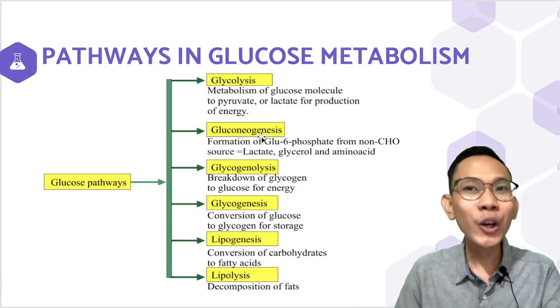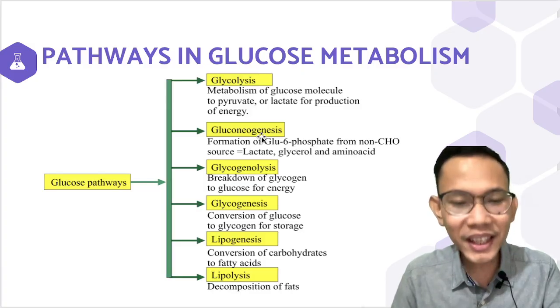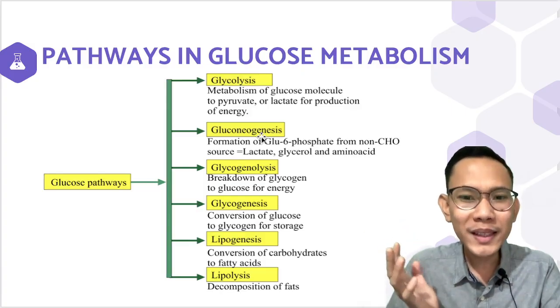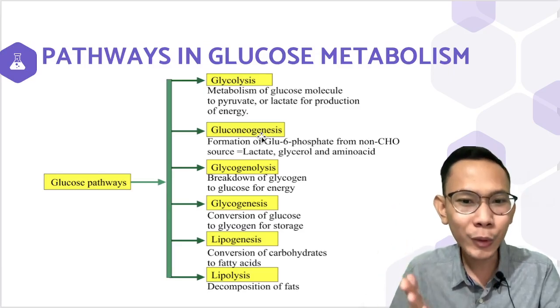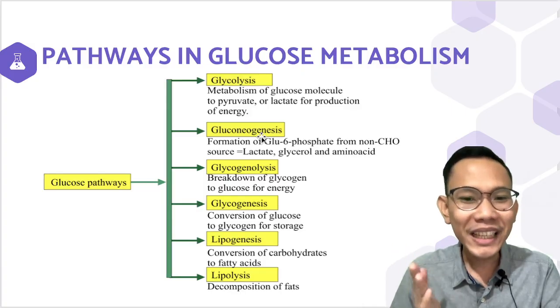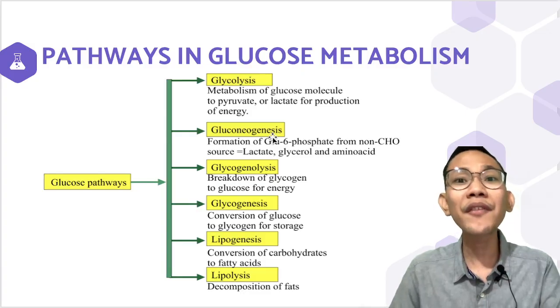Gumagawa ka ng glucose from a non-carbohydrate source. Is it a well-fed state or fasting state? Of course, this is a fasting state. Kasi nga, bakit ka na naman gagawa ng glucose kung well-fed state ka? Remember, in a well-fed state, marami kang glucose. So bakit ka gagawa pa ng glucose? Of course, hindi na. So therefore, your gluconeogenesis will only happen during a fasting state.